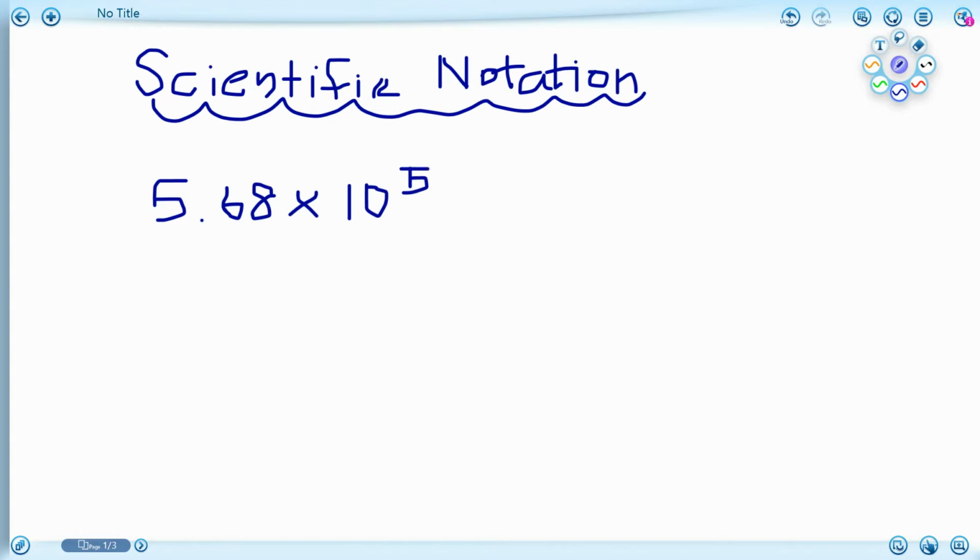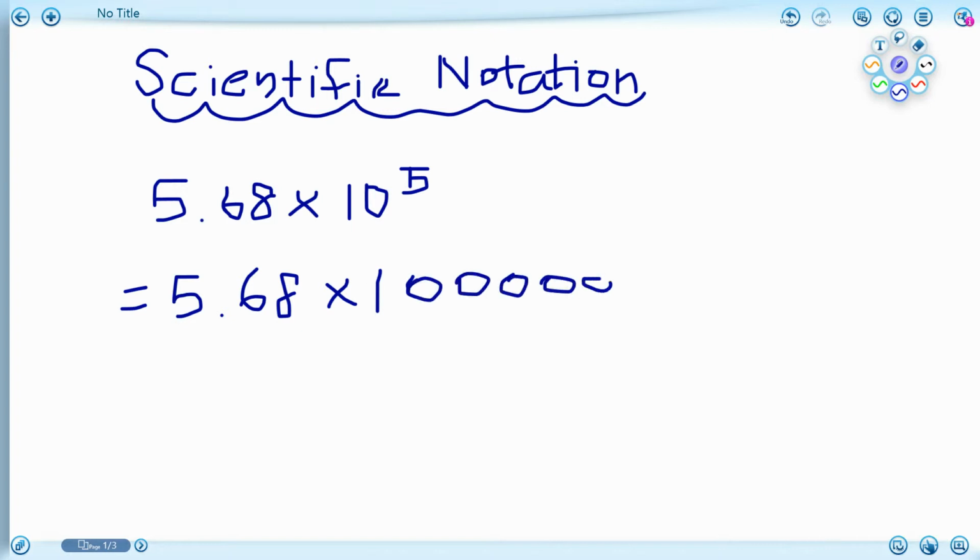In one of our classes, we looked at, well, what if we literally write this out? What would we have? We have 5.68 times 10 to the fifth. Put it in your calculator as 5.68 times 100,000.